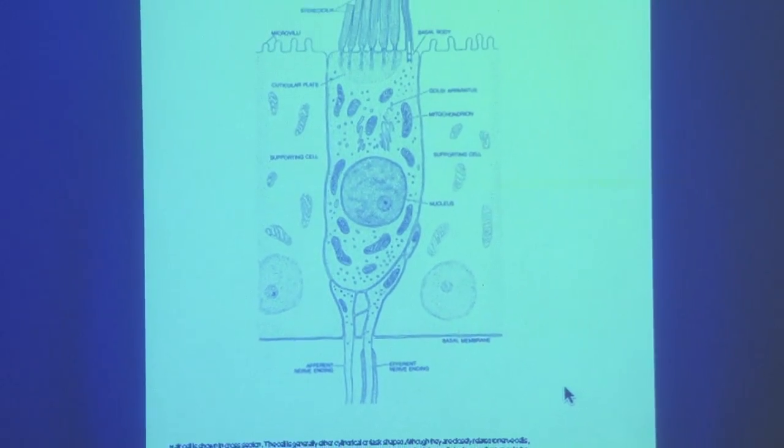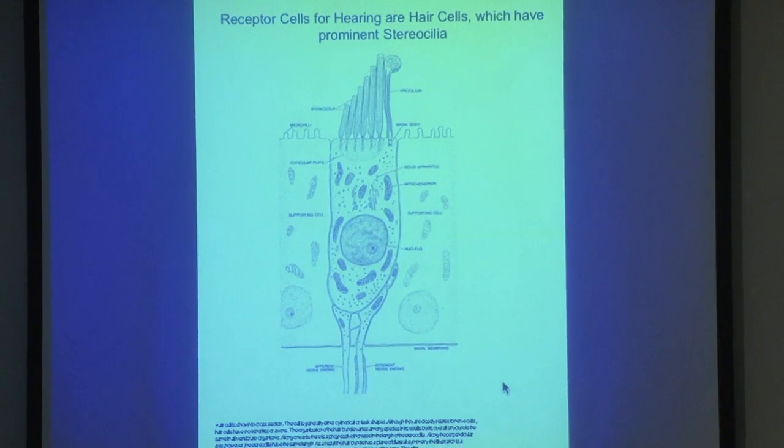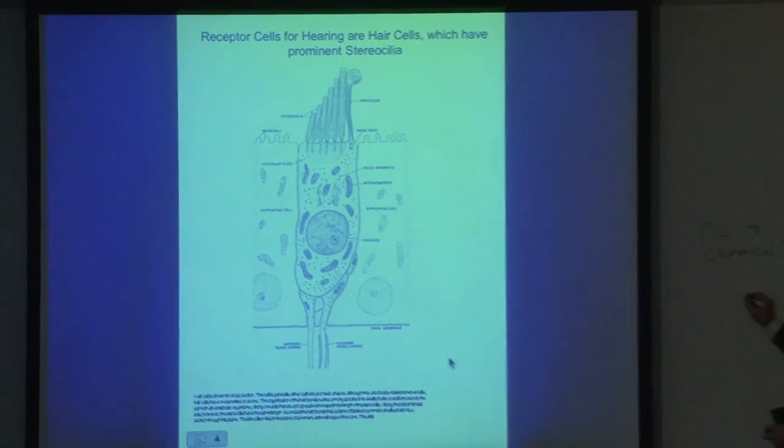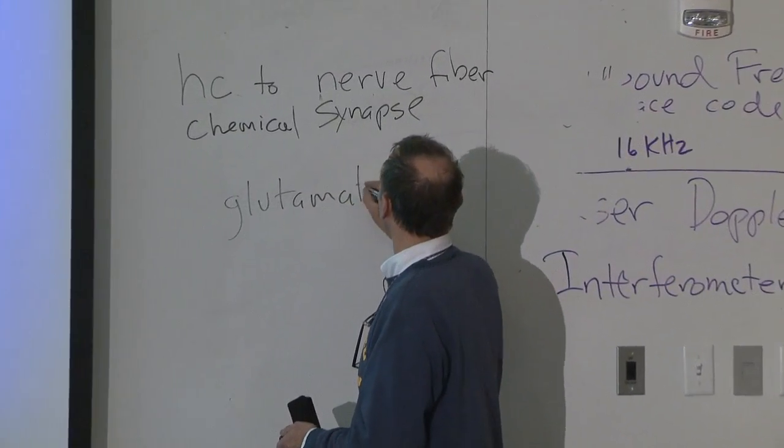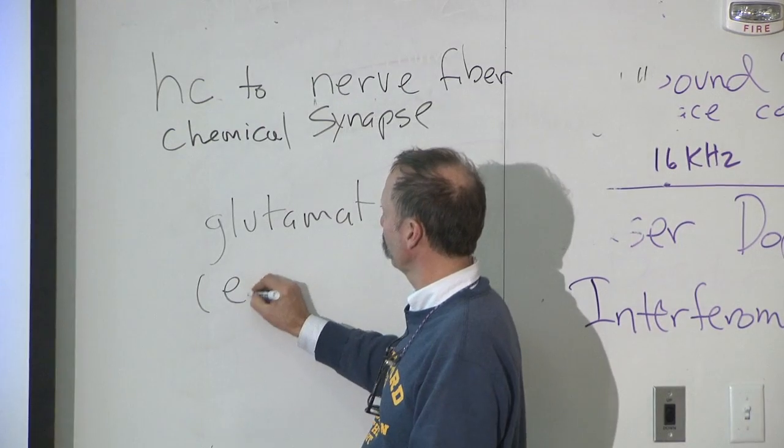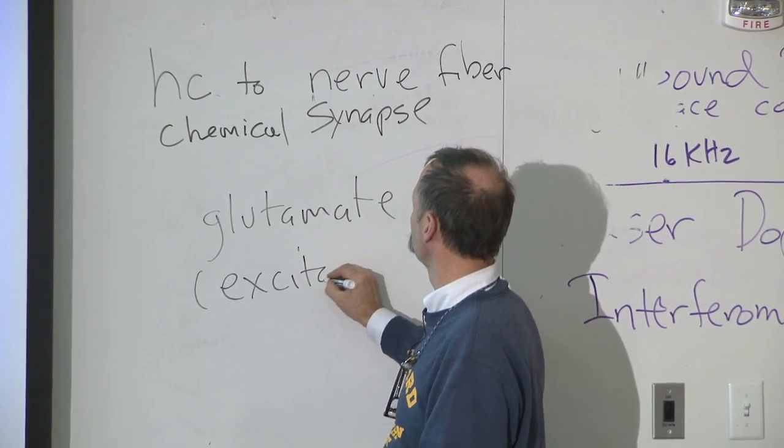Everybody knows what neurotransmitters are. The neurotransmitter here is probably glutamate. And so that's an excitatory neurotransmitter.